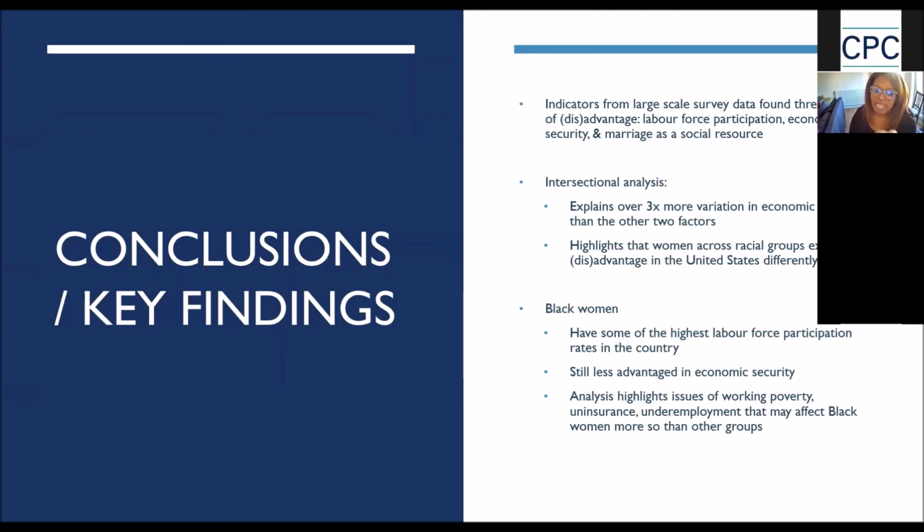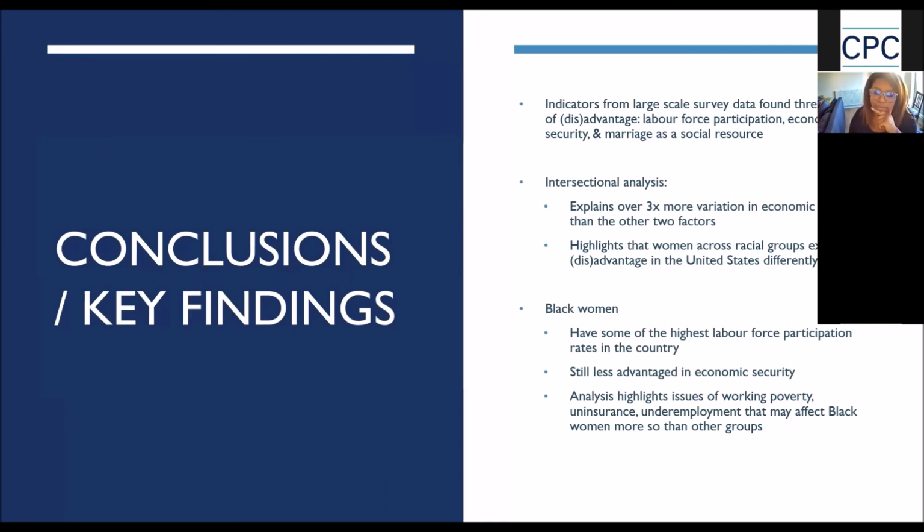Looking specifically at Black women in the US, I've confirmed other studies that Black women have higher scores in labor force participation than women in other racial groups, particularly in the Southern and Northeastern United States. And if it's consistently argued that people receive most of their income from work, we'd expect that some of this would translate into more economic security for Black women, but this hasn't shown to be the case.